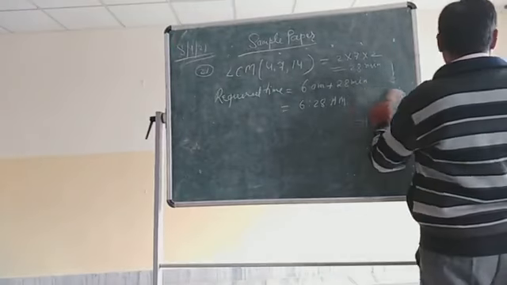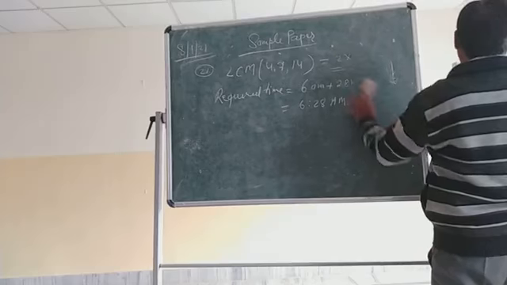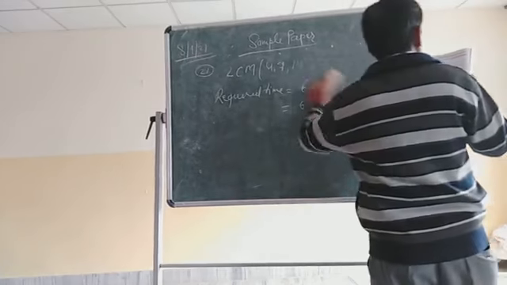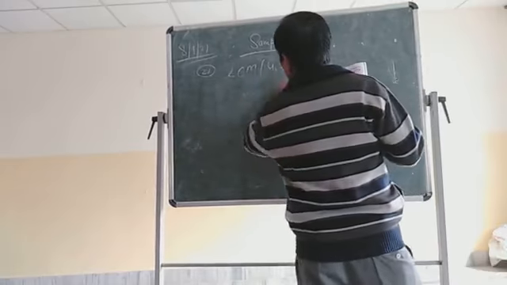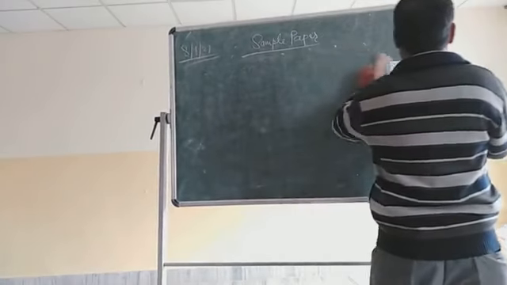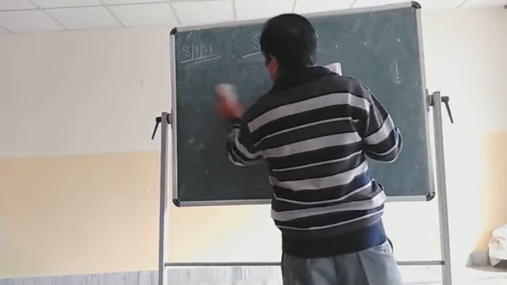Sir, which is equidistant from the points (2, -2) and (-4, 2)?